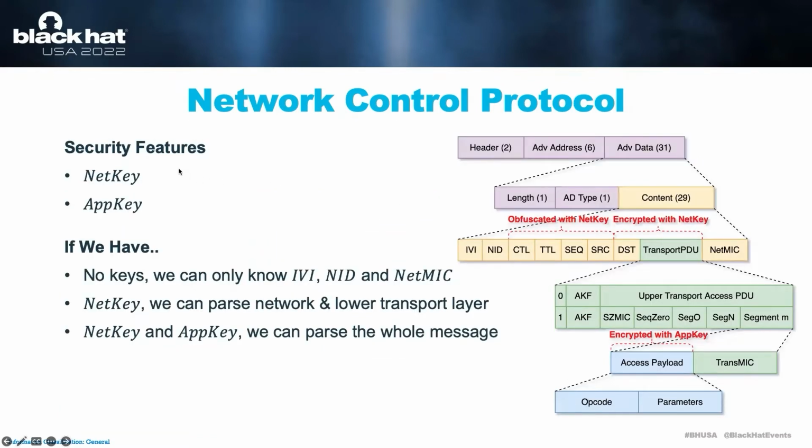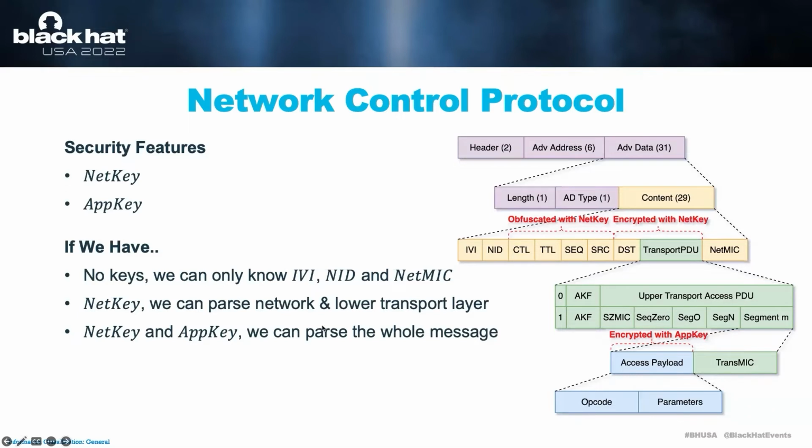Bluetooth Mesh natively supports some security features, and one of the main ones is message obfuscation and encryption. In Bluetooth Mesh, there are 2 keys for encryption, known as the NetKey and the AppKey. The NetKey is used to obfuscate and encrypt fields of the network layer here, and the AppKey is used to encrypt the fields of the upper transport layer here.